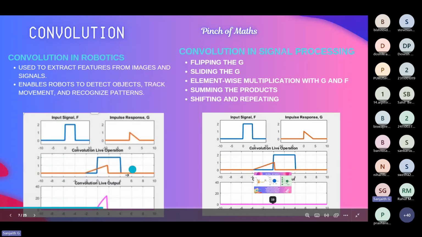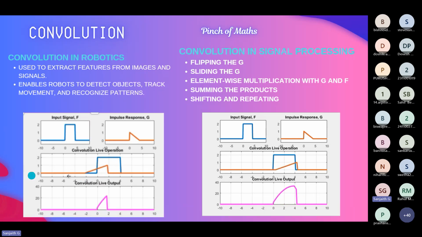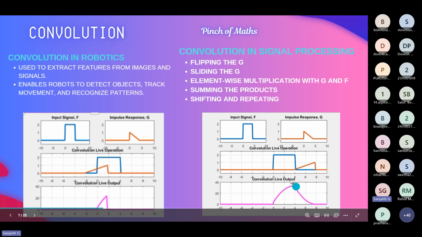To get the value at 0, we take this instance and multiply. Similarly, you move from minus infinity. In this animation, you can see we are flipping the impulse response and moving it from minus infinity to plus infinity. For demonstration, it starts at -4, but you would usually do it from minus infinity to plus infinity.